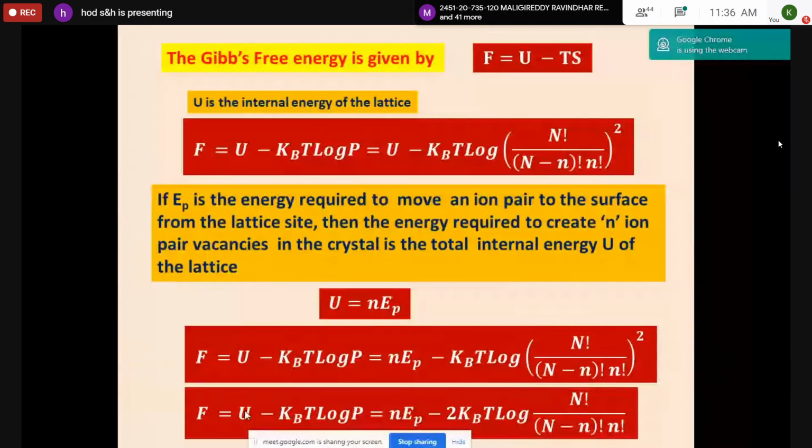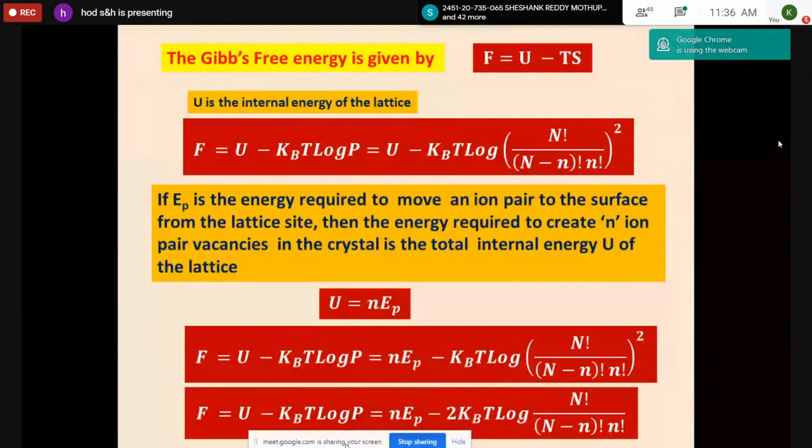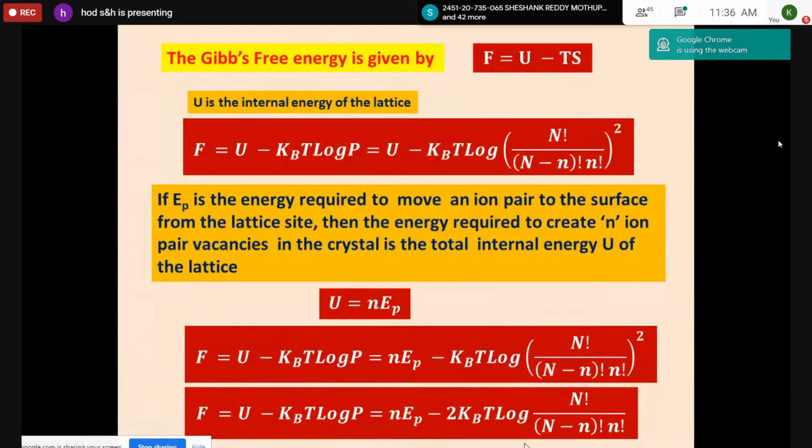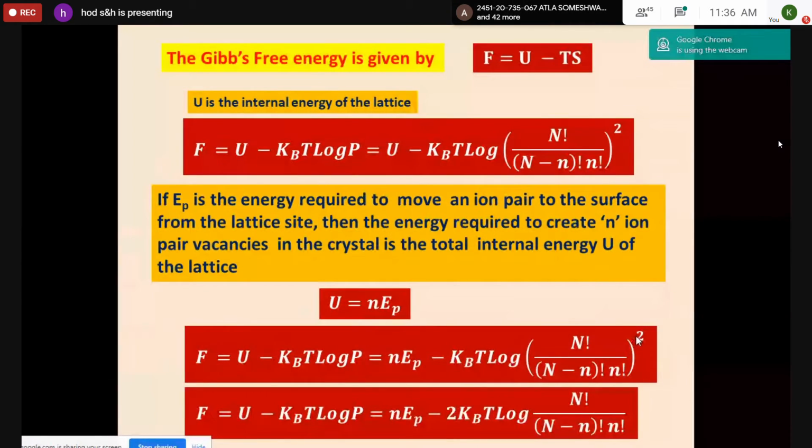Now the Gibbs free energy will become F is equal to nEP minus kBT log of N factorial by (N minus n) factorial into n factorial, whole square. And this log x square can be written as 2 log x.